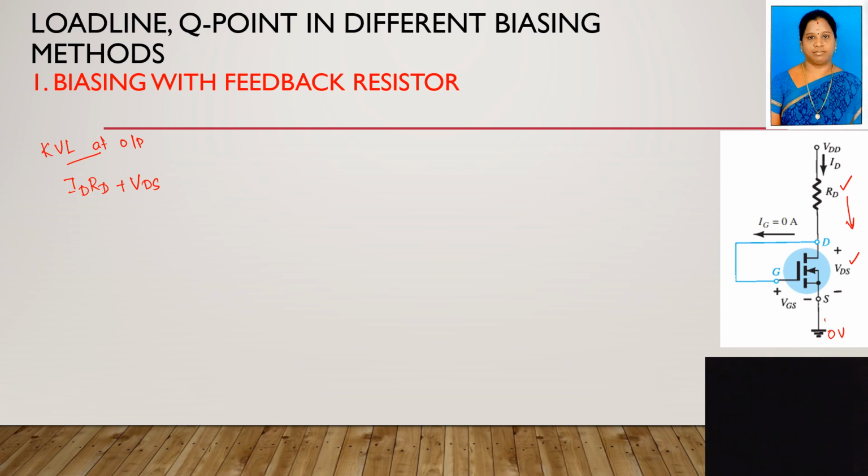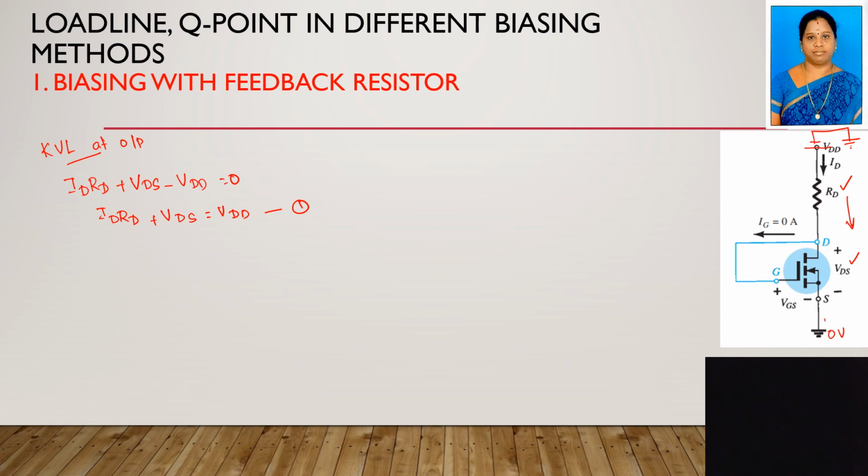This VDD, the positive is connected here and the negative is connected to the ground. Thereby the circuit will be closed here. After this ground, first you are meeting minus, so you have to write minus VDD equal to 0. Thereby ID into RD plus VDS equal to VDD. You can consider this is the first equation.